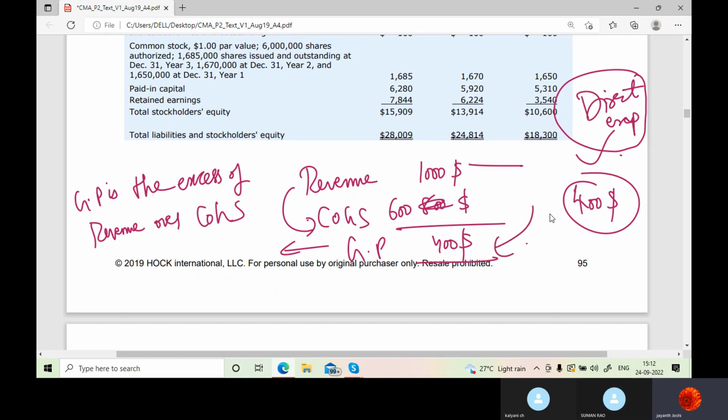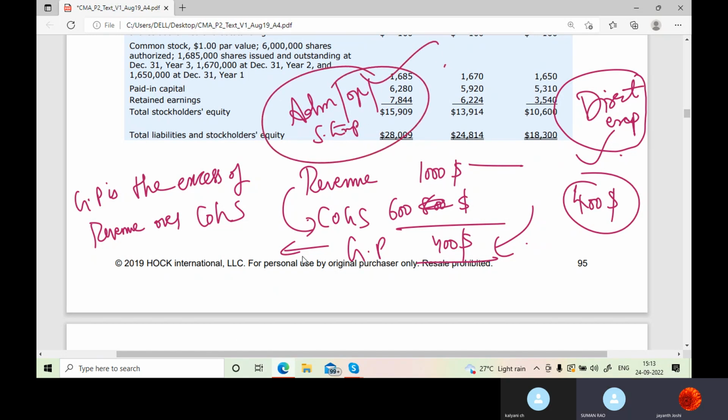But do you think only your manufacturing expenses are the expenses you are going to incur to run your business? No, you're going to incur some administrative, operating, or selling and distribution expenses even. Correct or wrong?